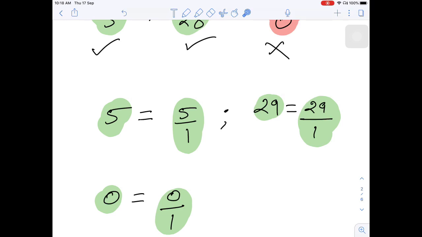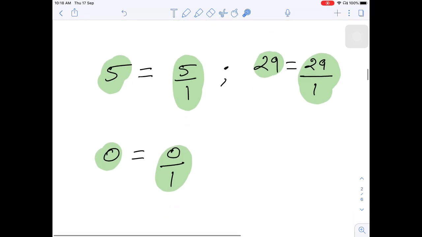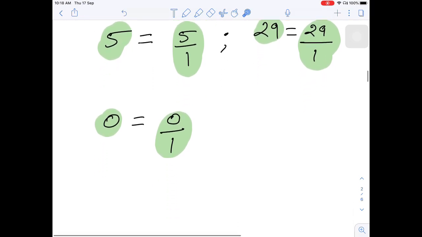Since it is in numerator denominator form and the denominator is not equal to 0, this number is also a rational number. Now let us look at the next example, that is, if a number is given simply as 0. Is 0 a rational number? Yes, 0 is also a rational number.